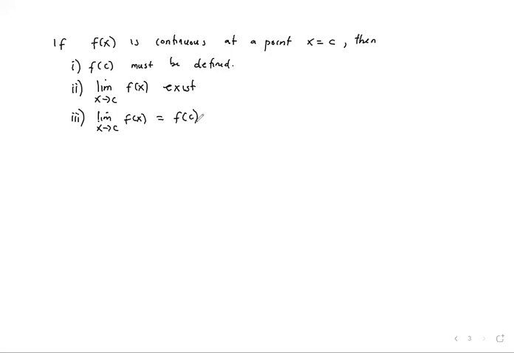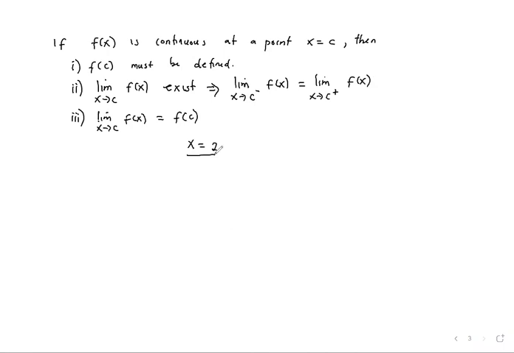So for our question, we are looking for continuity at x is equal to 2. And for a limit to exist, we demand that the limit as x goes to c from the left of f should be the same as the limit as x goes to c from the right. Then you will say the limit exists.